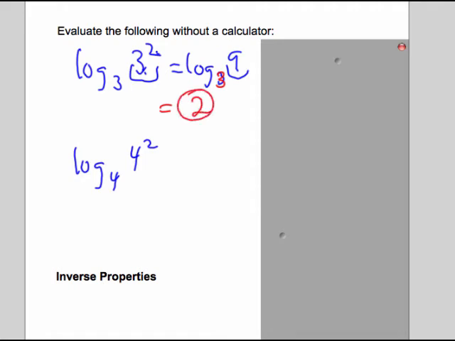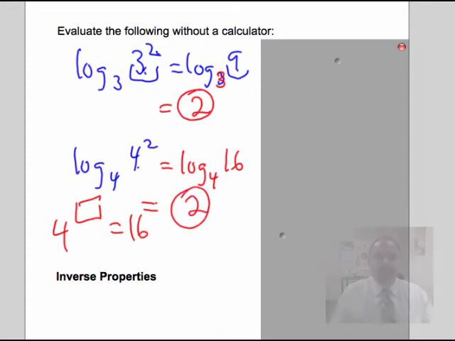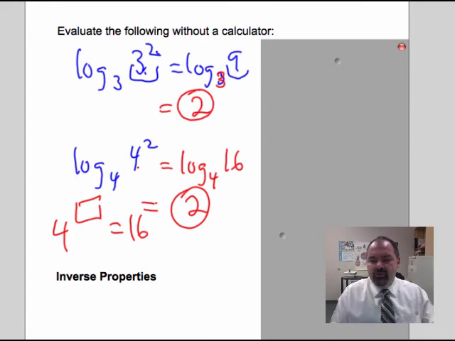Okay, I'm going to do this one more time. Just think about what you're thinking as you do this statement. So the first thing I'm going to do is I'm going to say 4 to the second exponent is what? Well, that's 16. Now I'm doing a log, so I say 4 to the what exponent is 16, and I say to myself, well, that's 2. Okay? Do you get a feeling that what you were thinking in the first step and the second step are inverse operations of each other?